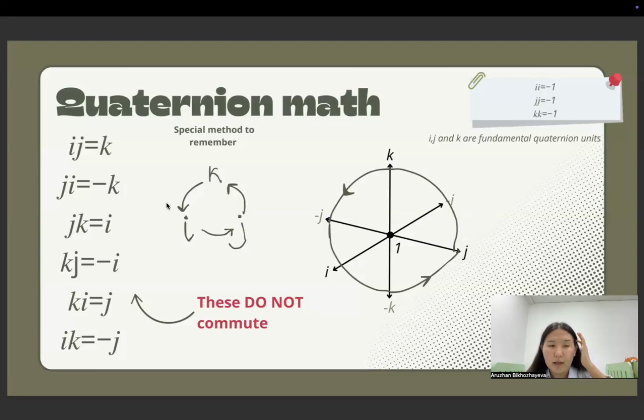When you multiply i by j, it equals k, and it goes anti-clockwise, so the sign of the multiplication result will be plus. But when it goes clockwise, the result will be minus. Like here, j times i equals minus k.